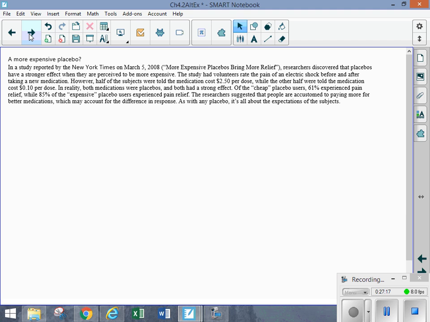It was just a placebo, and they found that people responded to the more expensive placebo more positively than they responded to the pill that they said was really inexpensive. So I just thought it was really interesting. We're just talking about placebos. It's an interesting study. Anyhow, I just thought it was cool.